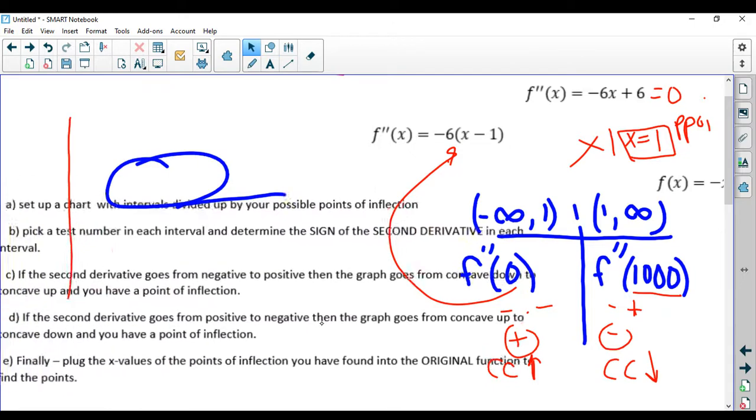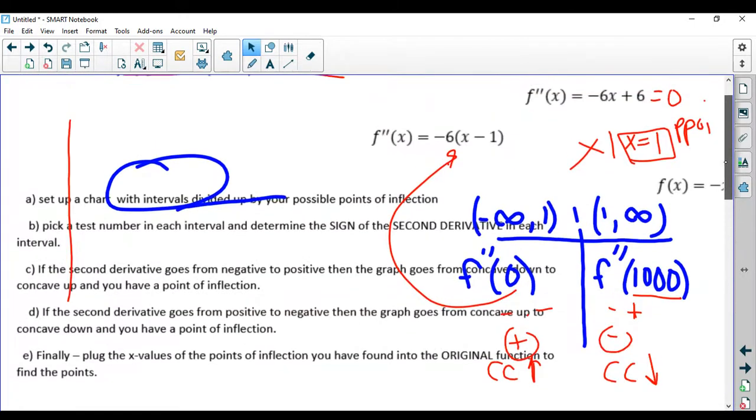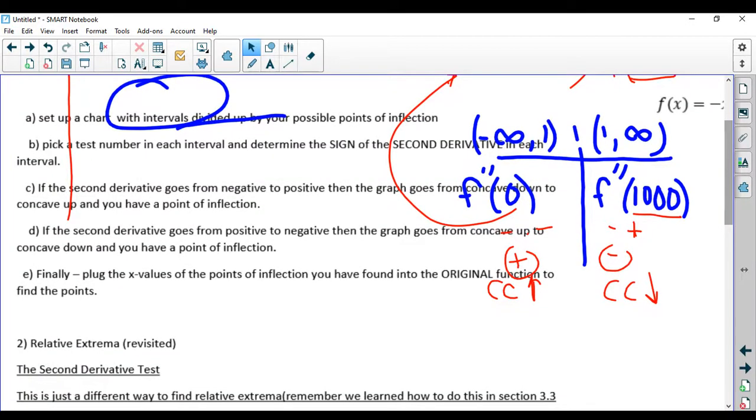Going back to this summary, oops, I don't know where it went. If the second derivative goes from positive to negative, which it did, the graph goes from concave up to concave down, and we have a point of inflection. So we know we have a point of inflection now right here at x equals 1.